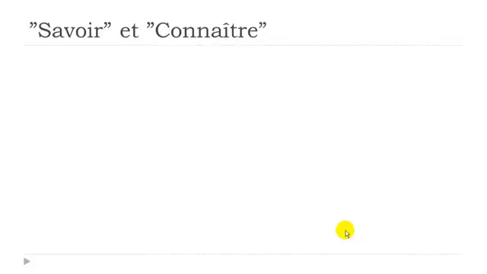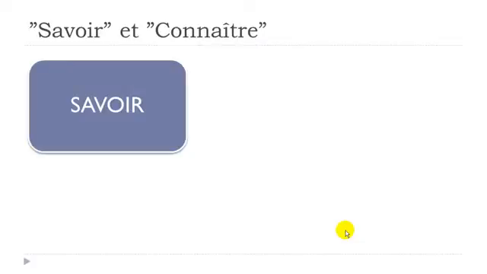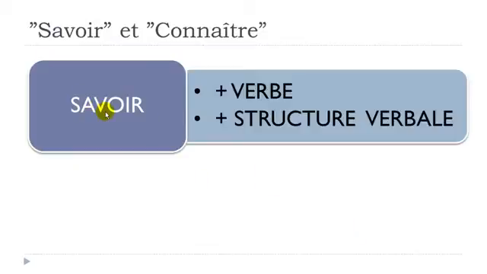What does it mean? It means that you will have two different uses of these verbs. The first one, savoir: the rule is that you will use savoir plus a verb. So if you want to add a verb after it, you will have to use savoir. Or if you want to put what we call a structure verbale, somehow like a sentence, after to know, then that's savoir that you will have to use.